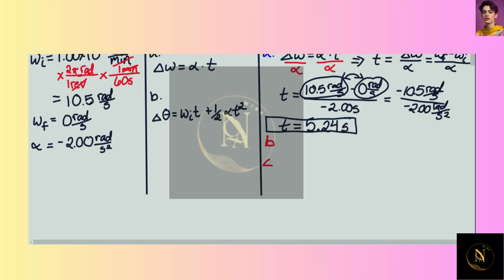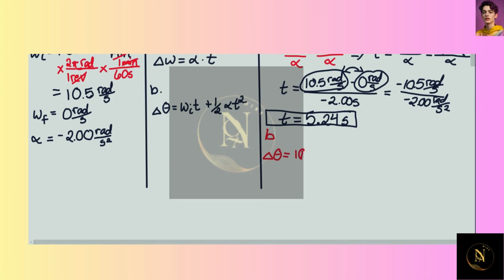So we'll find change in theta equals, let's plug in for omega initial, that is 10.5 radians per second.